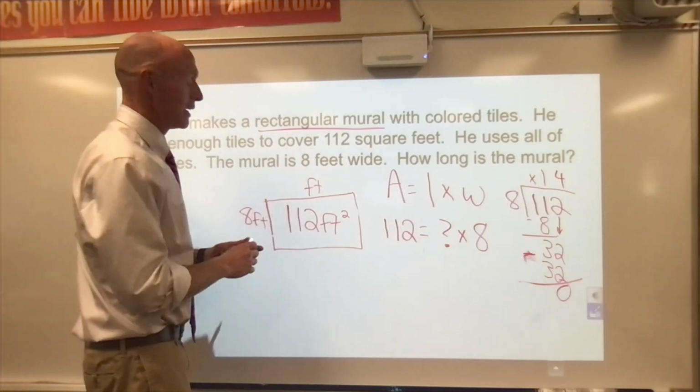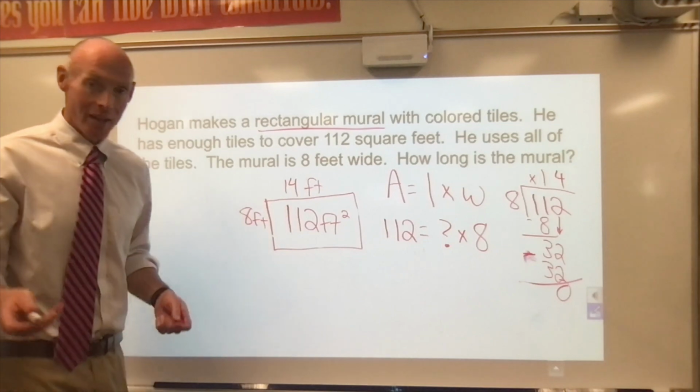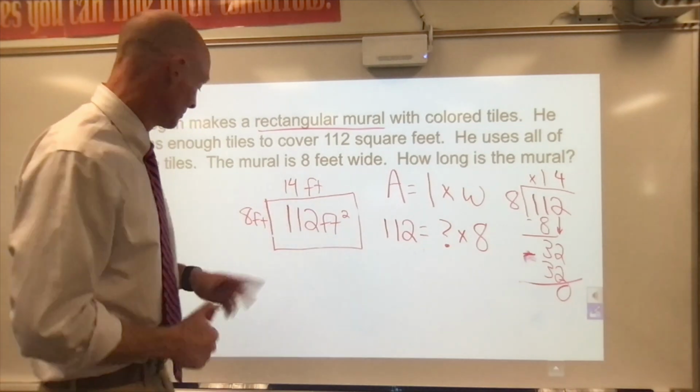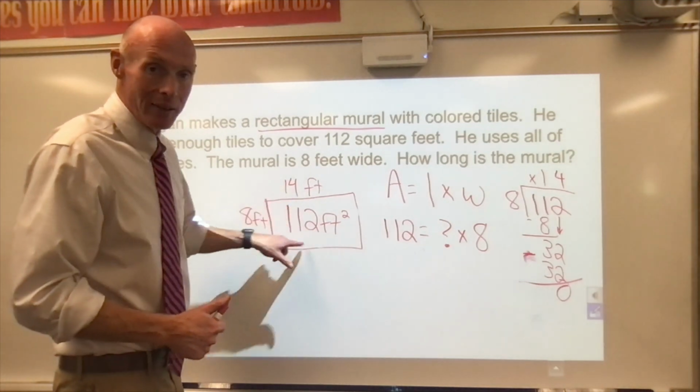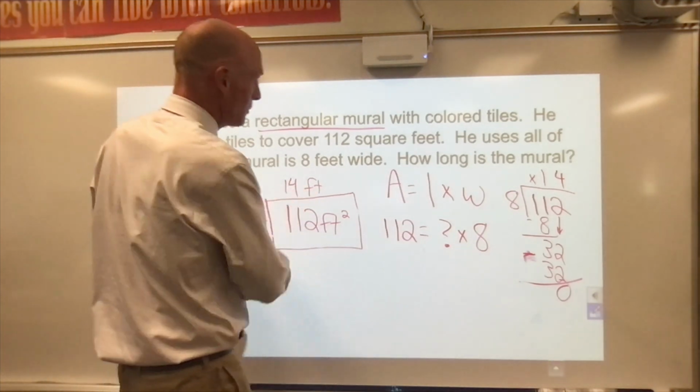length is 14 feet. But in order to double check, let's actually find the area and see if we get 112. So I'm going to do 14 times 8.